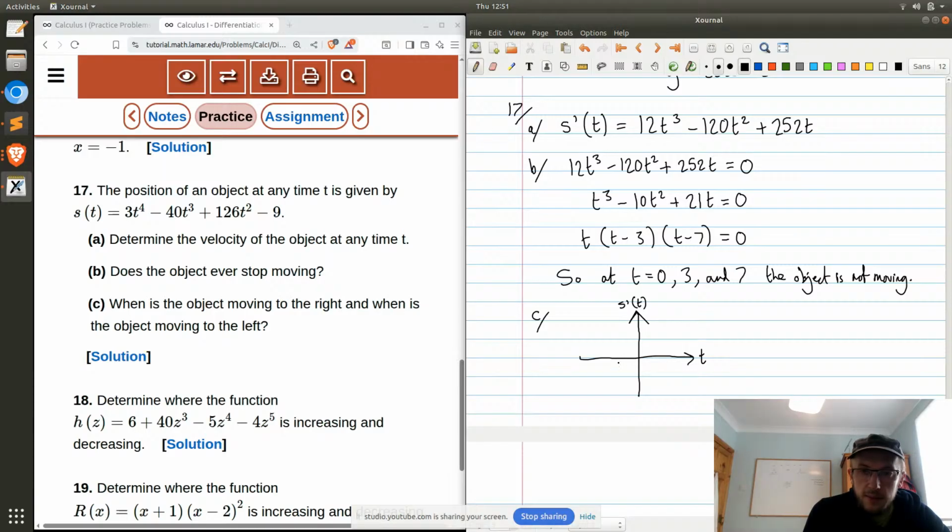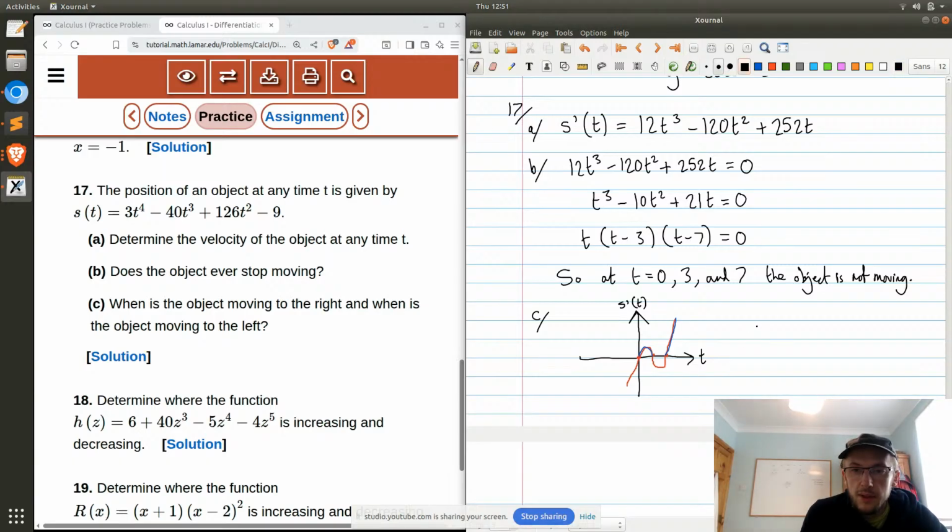There's the velocity function of it. And it passes through 0, 3, and 7. And so it does this, something like that. And so when is it positive? The answer is here and here.